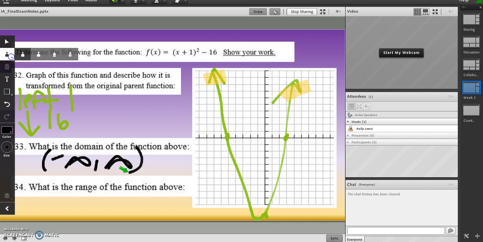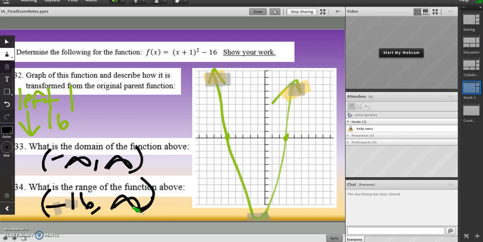The range: as the bottom, the smallest y value down there is negative 16. And as we go up, we have arrows, and arrows mean infinity. So the range is from negative 16 to infinity, and the domain is from negative infinity to infinity.